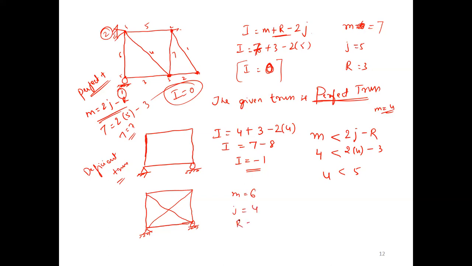How many reactions? 3. Now tell me m versus 2j minus r. Members are 6. 2 into 4 minus r. 8 minus 3, 5. Therefore, m is greater than 2j minus r. What does it indicate? This is called redundant truss.